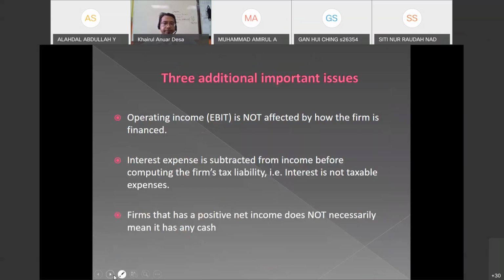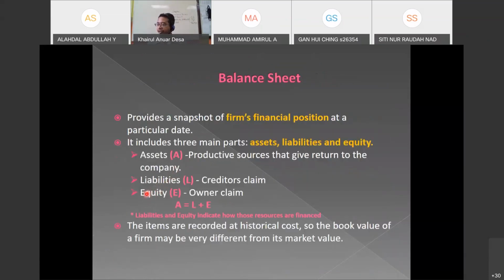Okay, tak ada apa sini. Okay, any question about the income statement? Ada soalan berkaitan dengan income statement?